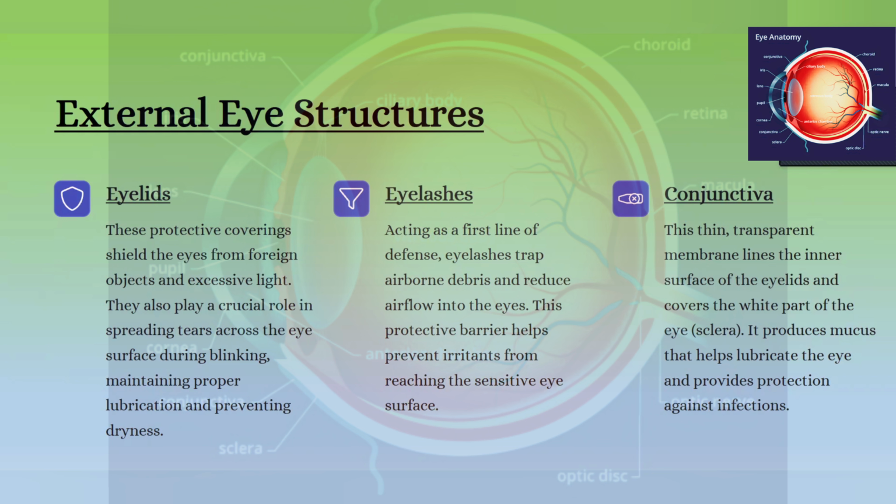It is a kind of shield that prevents foreign body sensations directly and won't allow excessive light. It also prevents excessive tear production due to exposure of the eye, and during blinking, it spreads the tear film over the eye.